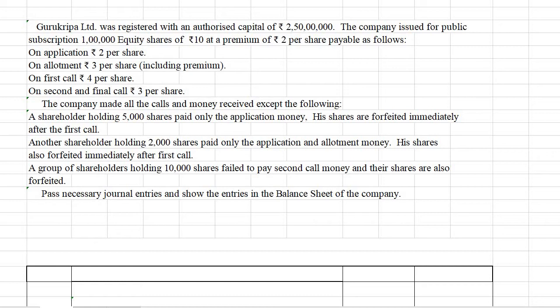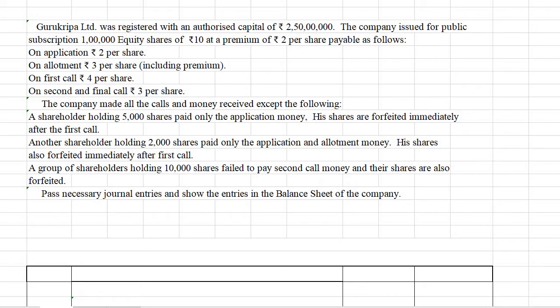A shareholder holding 5,000 shares paid only the application money. That means he did not pay the allotment and first call money. So his shares are forfeited immediately after the first call. That's what I have told. Before making all the calls, some shares are forfeited.